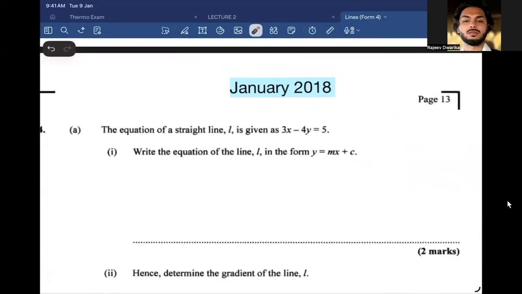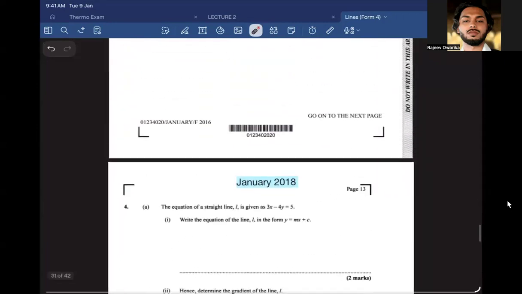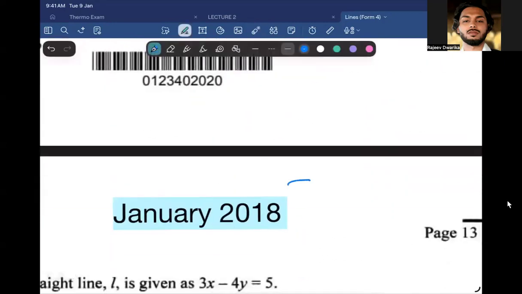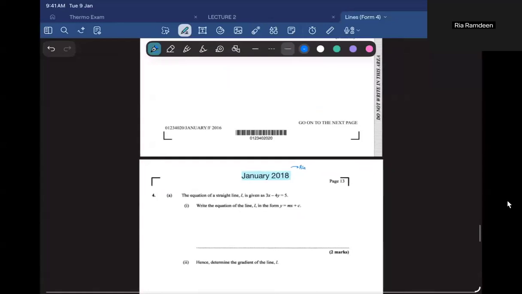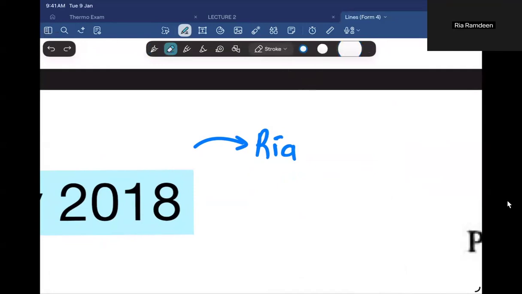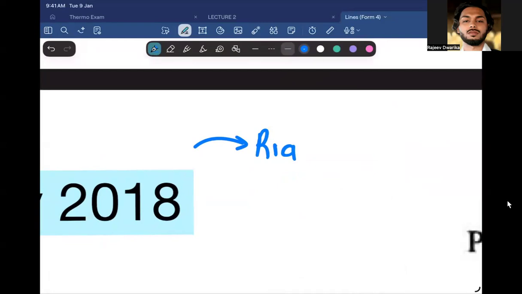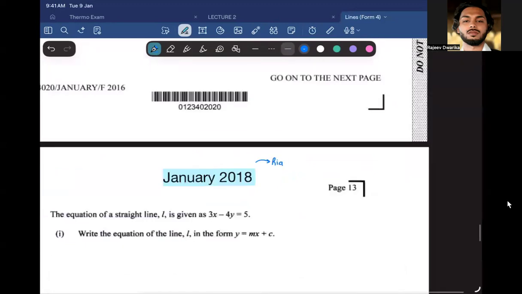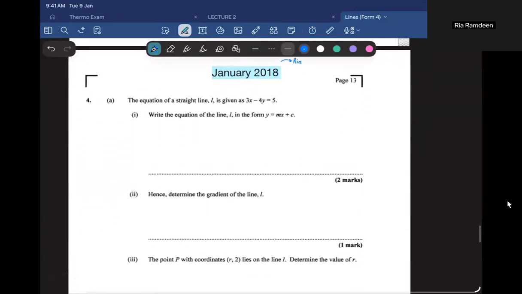Ria, I want you to help me with this entire question. So I'll assign Ria to this question. I spelled your name wrong. No, that is my name. I thought there was an accent on top of the I. No, it's just a dot, just an I. Oh, okay, I don't know where I got that from.